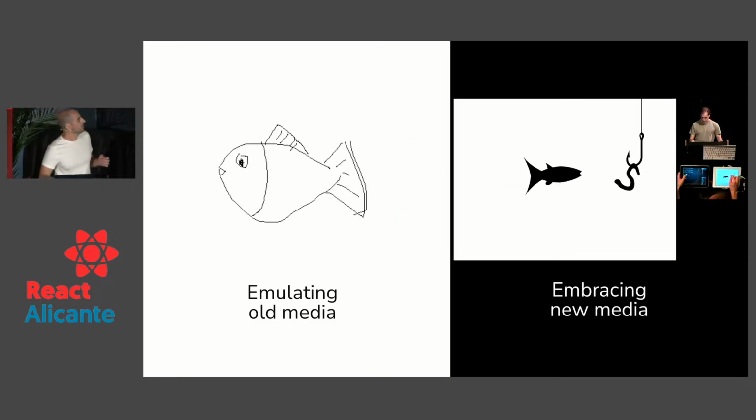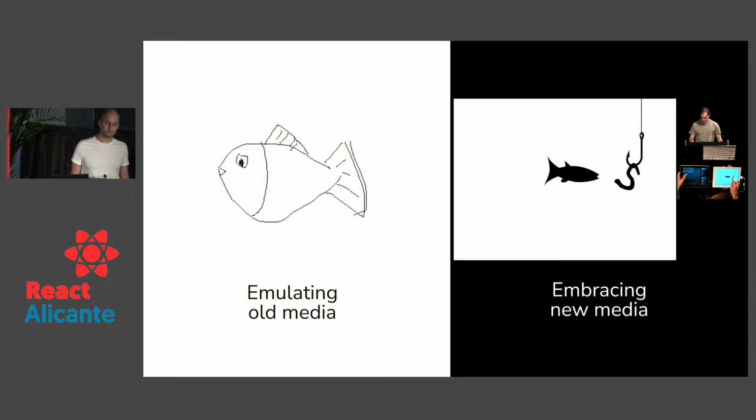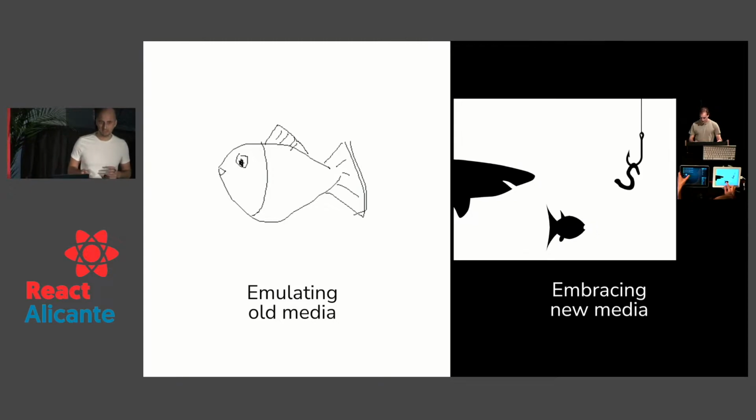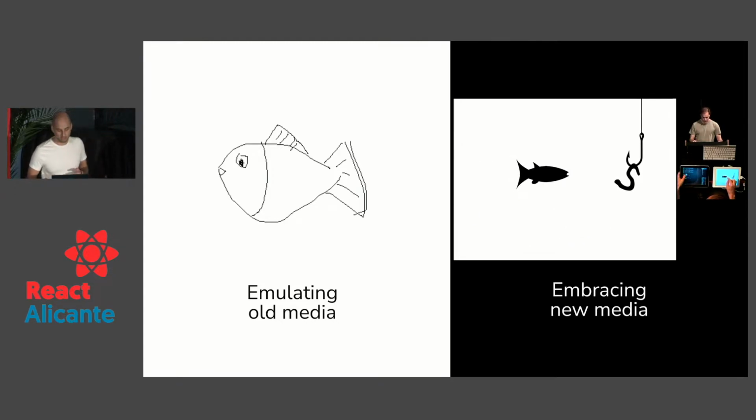So the thing is, this is an example of how we are using computers to emulate all media. This is an example of how we are using the computer to emulate the drawing of a fish on a canvas.